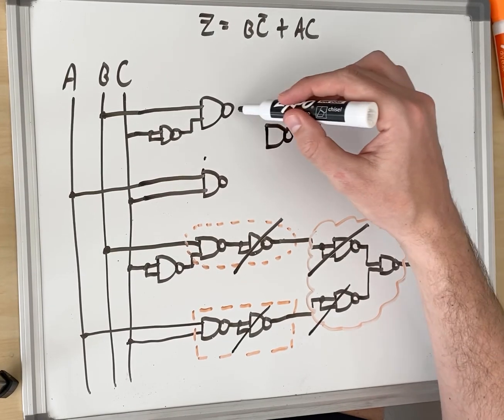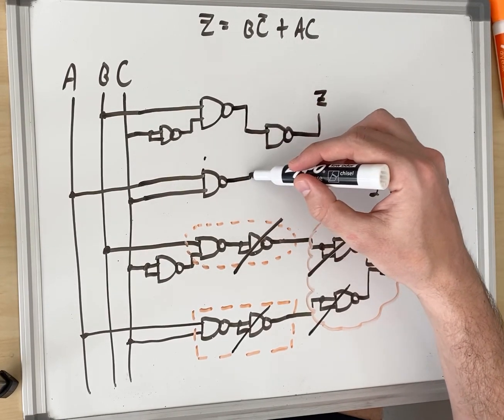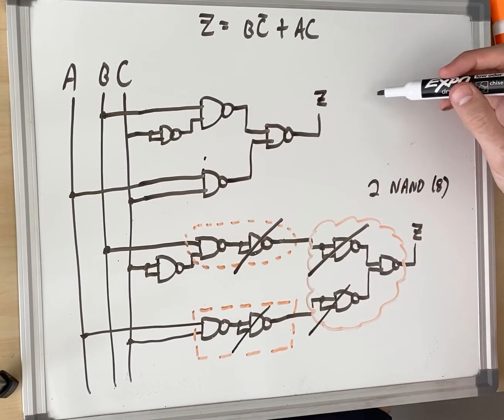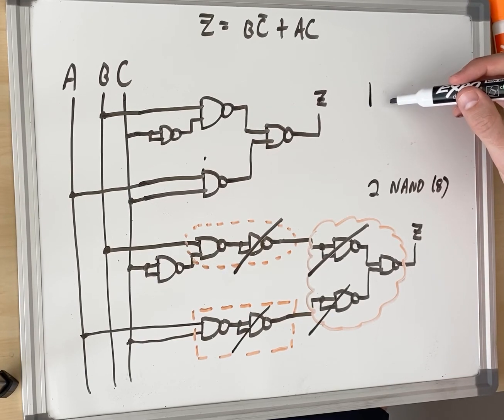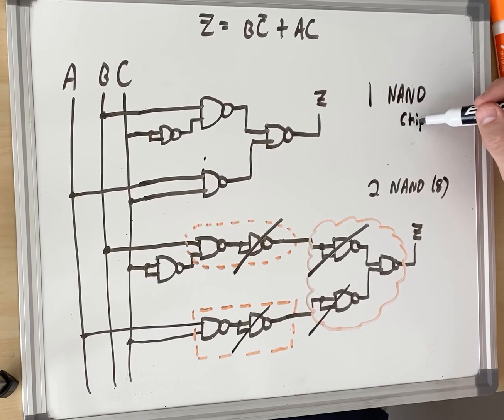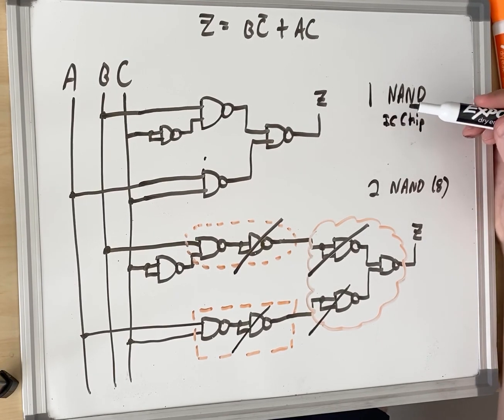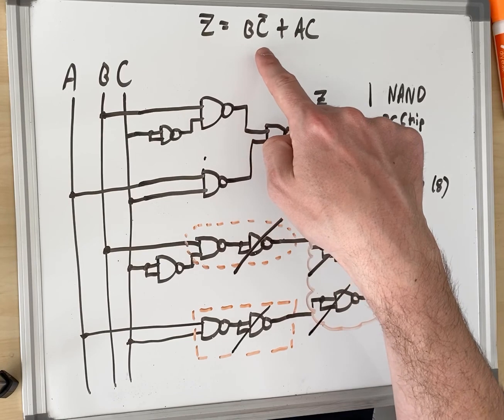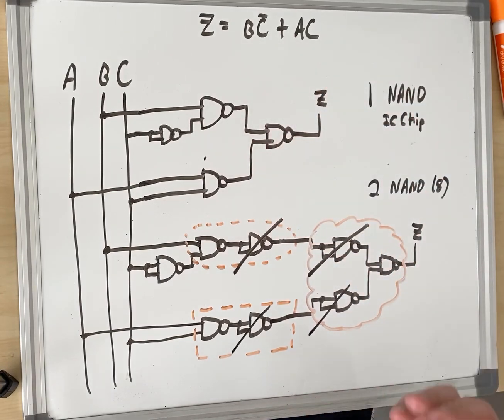This goes to Z. And now what we have is 1, 2, 3, 4 NAND gates, which is just one NAND IC chip. And essentially, we went from 3 integrated circuit chips with AOI logic down to just one NAND IC chip. So it's a third of the volume and a third of the cost to build this circuit, Z equals B not C, or AC with NAND-only logic.